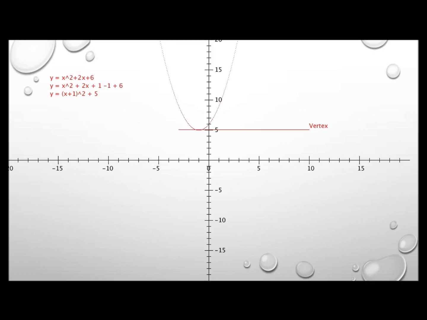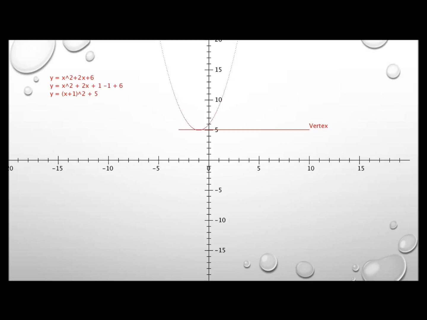The 5 that we've got left over tells us the y-coordinate of the minimum point. When we have a quadratic equation in the form of x plus something squared plus something else, we call that vertex form.